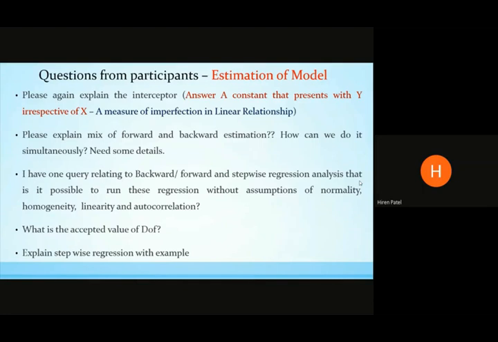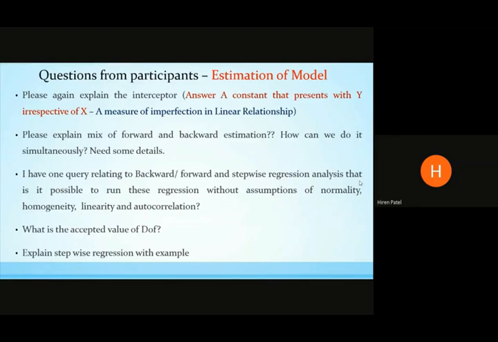Another question was, I have one question related to backward, forward, and stepwise regression analysis: is it possible to run this regression without assumptions of normality, homogeneity, linearity, and autocorrelation? Before I answer this question, I really wonder why you want to do these things, because I personally feel assessing all these assumptions is an essential condition, and one should not avoid assessing them.